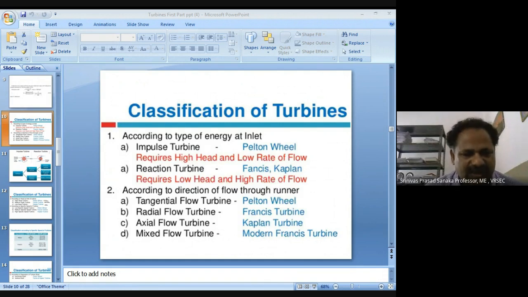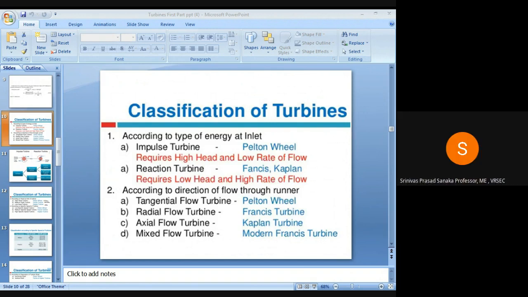In reaction turbines, within the turbine, the pressure changes from the inlet of the turbine to the outlet of the turbine. Such turbines are called reaction turbines. So the first classification is based on the type of energy: hydraulic turbines are classified into impulse turbines and reaction turbines.